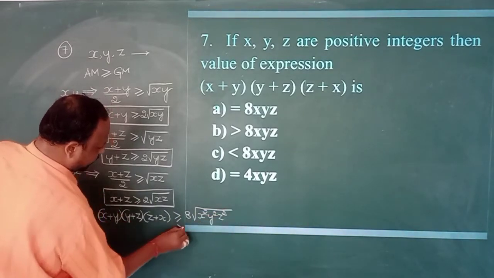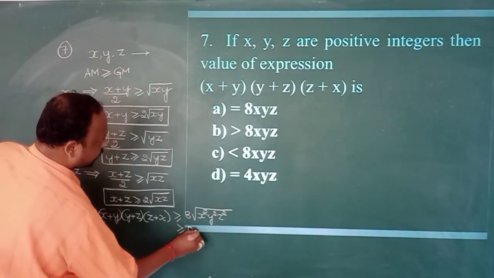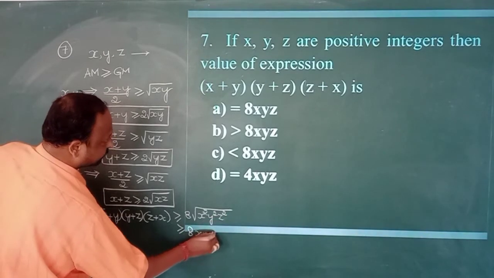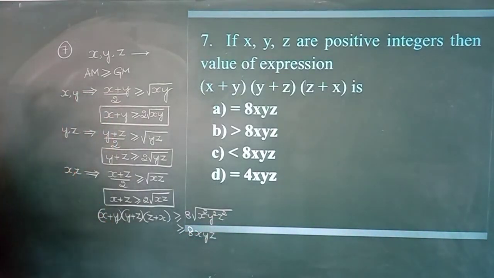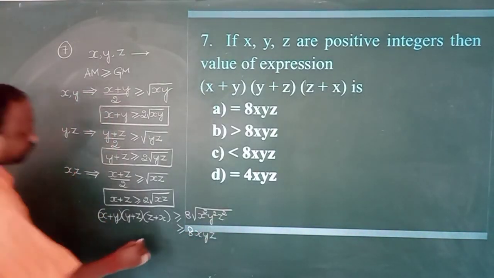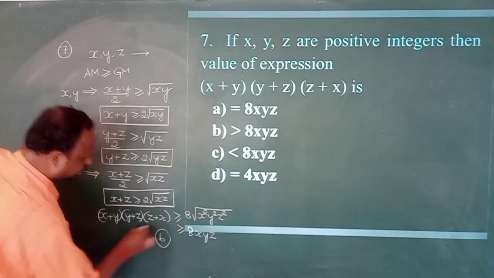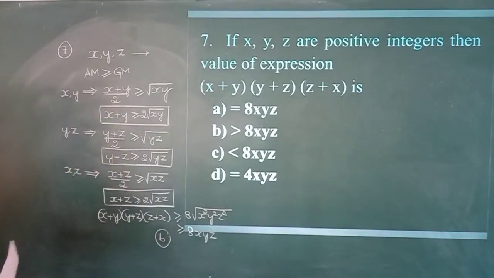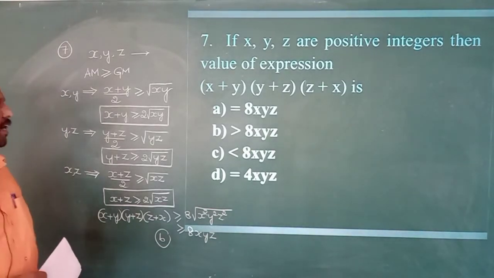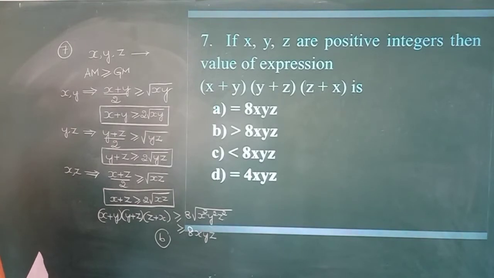So this will be greater than or equal to 8xyz. So option B is the answer. Whenever three numbers are there, the value of the expression (x plus y)(y plus z)(z plus x) is always greater than or equal to 8xyz.